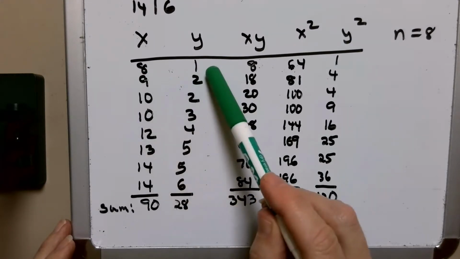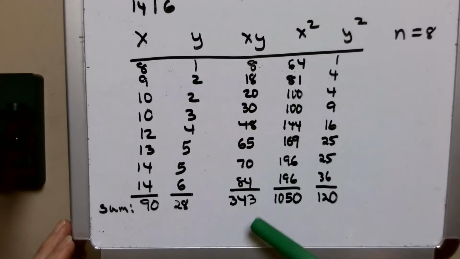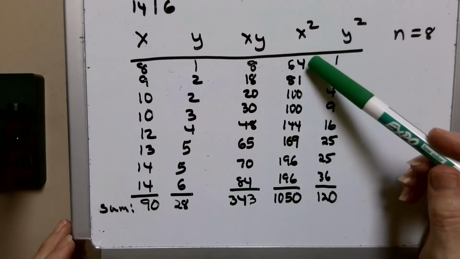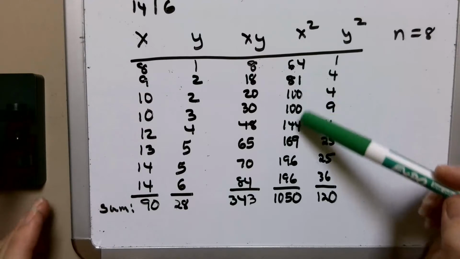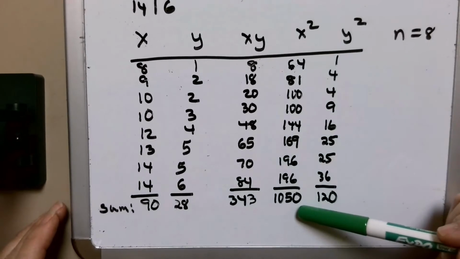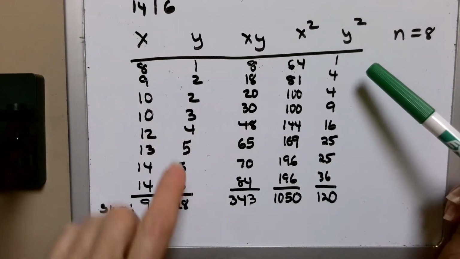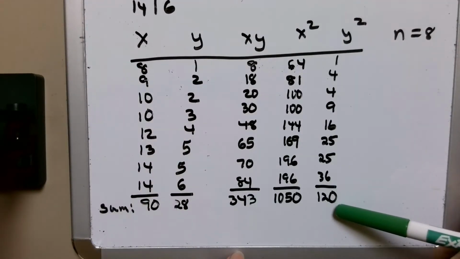We have X times Y, 8 times 1, 9 times 2, and so on, and that column sum is 343. We have each of the X values squared, 8 squared, 9 squared, 10 squared, and so on. That sum is 1050. And we have each of the Y values squared, 1 squared, 2 squared, and so on. That sum is 120.